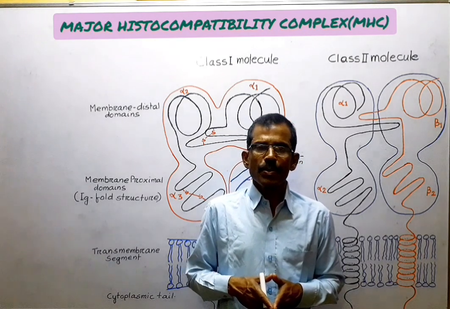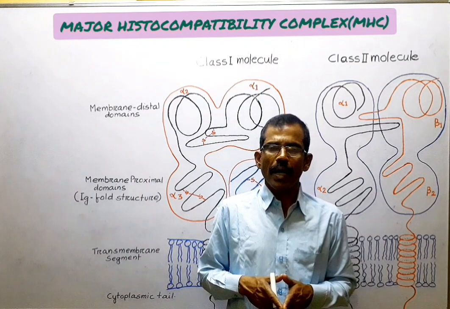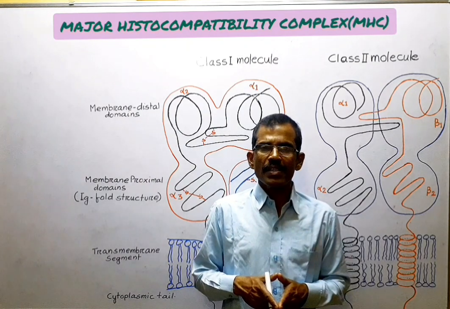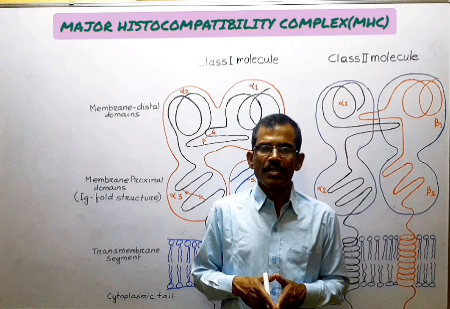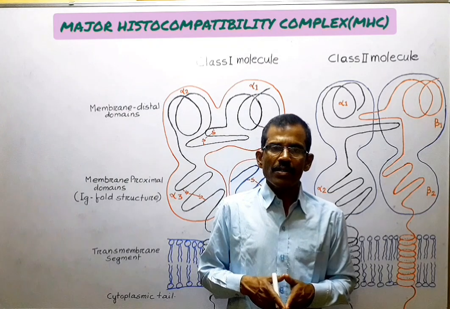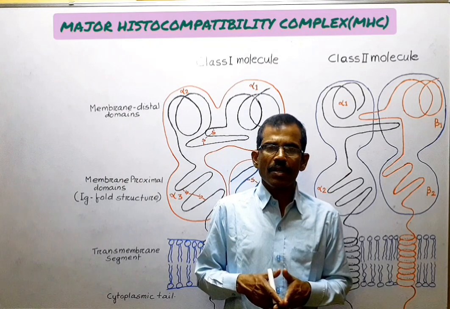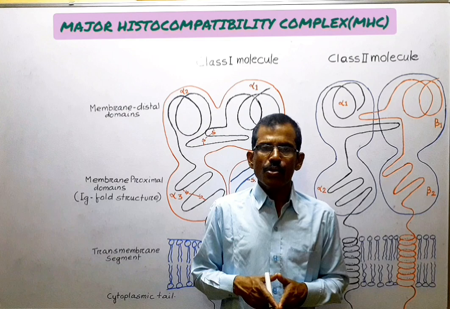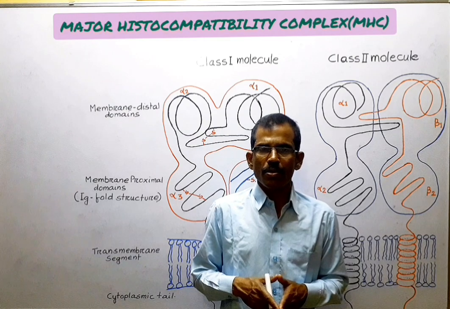These antigen pieces are held within the binding groove of a cell surface protein called major histocompatibility complex molecule, encoded by a cluster of genes collectively termed as major histocompatibility complex locus.